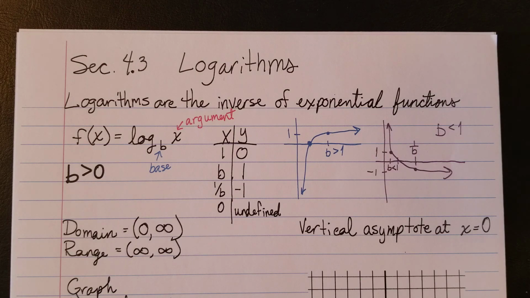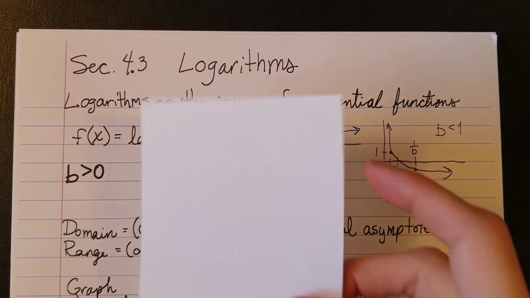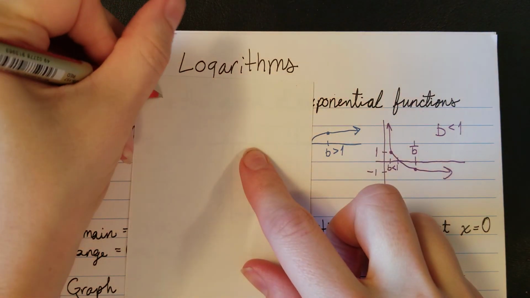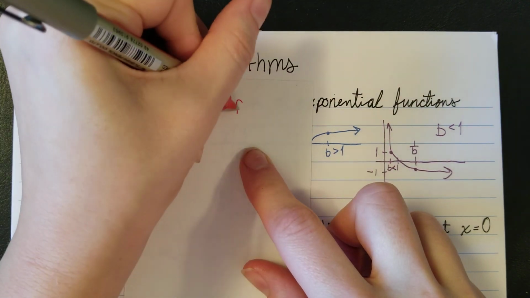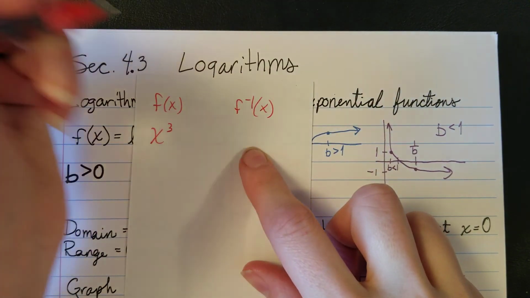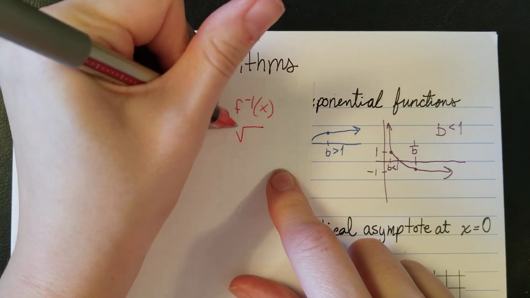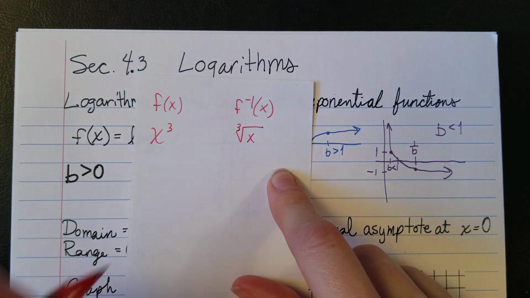Any function that is one-to-one will have an inverse function. For example, if f of x was x cubed, then the inverse function would be the cube root of x, right?